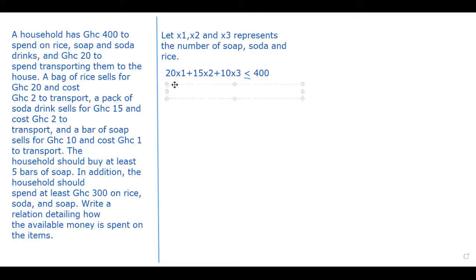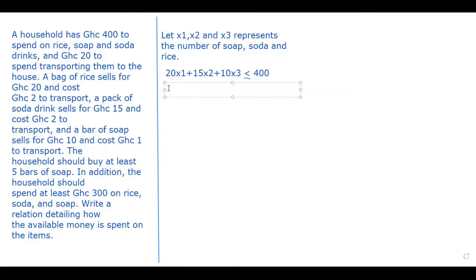Okay, so let's move to the transport. Now we are going to take the transport incurred in transporting the various products to their destination, which is the household. Now we are saying the bag of rice costs 2 cedis to transport. So meaning that 2 cedis relates to what?